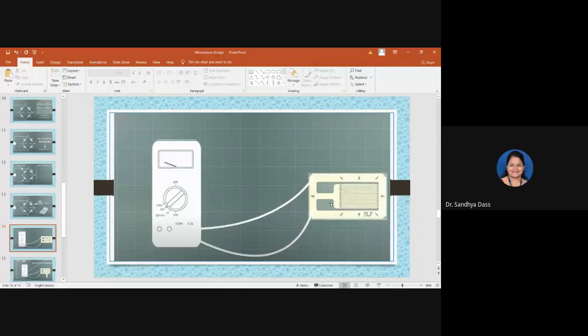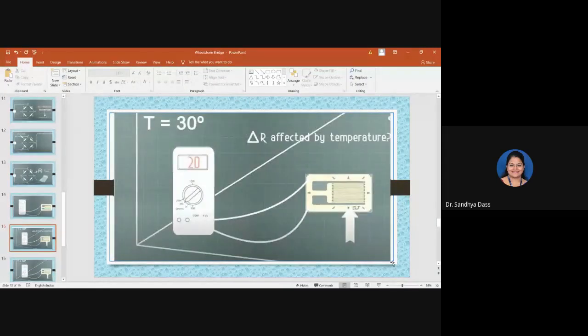So you might ask, can't we just connect like this and measure? The reason is that such sensors, something like a strain gauge, have changes in resistance that depend on temperature. Say for example, you are conducting an experiment at a temperature of 30 degrees, you have applied some amount of force to this strain gauge, and it has indicated 20 as its resistance.